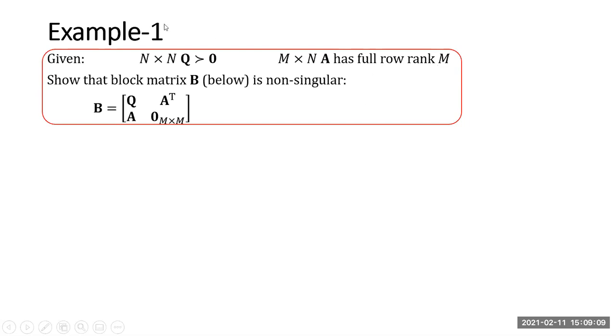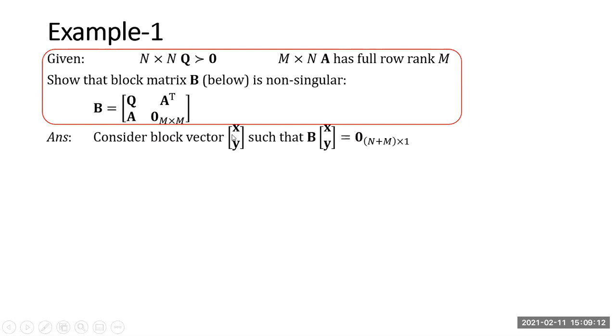How do we prove it? We'll take a block vector xy and assume that B times this block vector equals 0. The subscripts are for you to follow. This 0 is an (n plus m) times 1 vector of all zeros. Always when you deal with block matrices like this, pay attention to the dimensions.